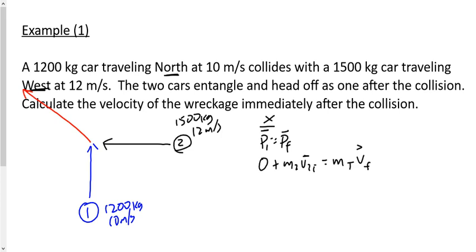Bottom line is this blue one doesn't have any x component to it. This whole 10 meters per second is all on the y-axis. So say it's 0 here. Okay, let's sub in some numbers here. M2 is 1,500 kilograms times negative 12 equals 2,700 kilograms times VF.